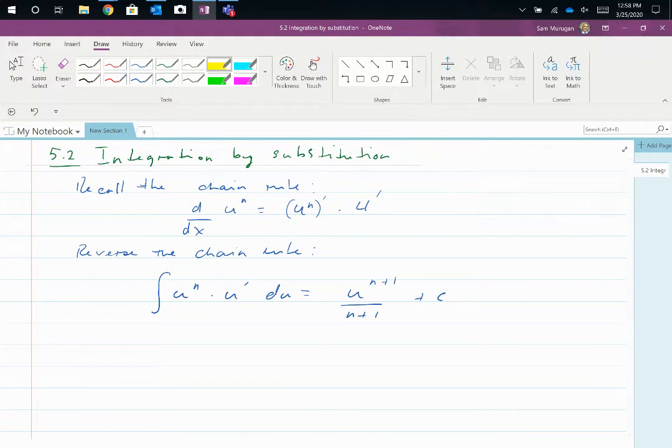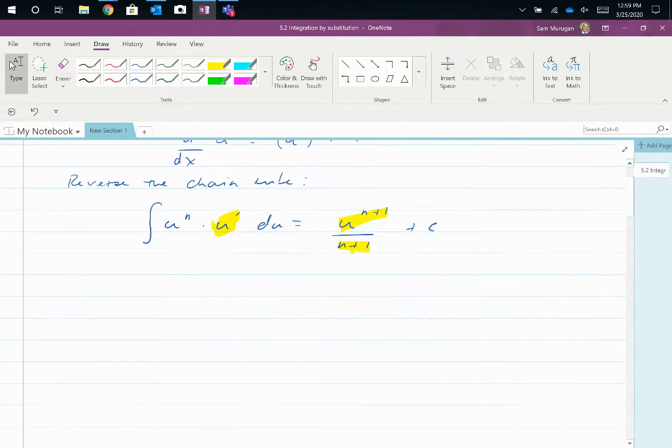In other words, if the product that's attached to this integral is u prime, then all we have to do is add 1 to the power and then divide by that power.